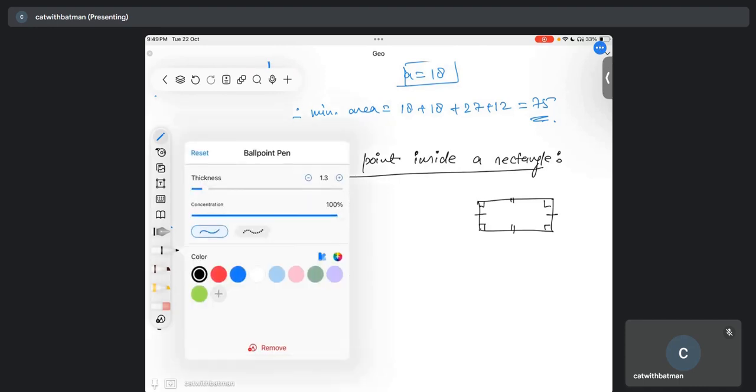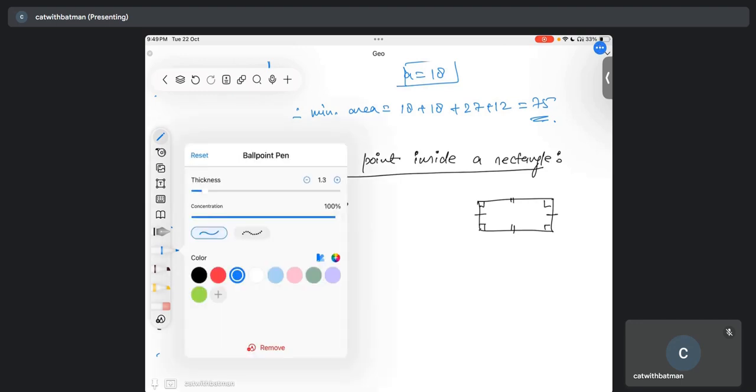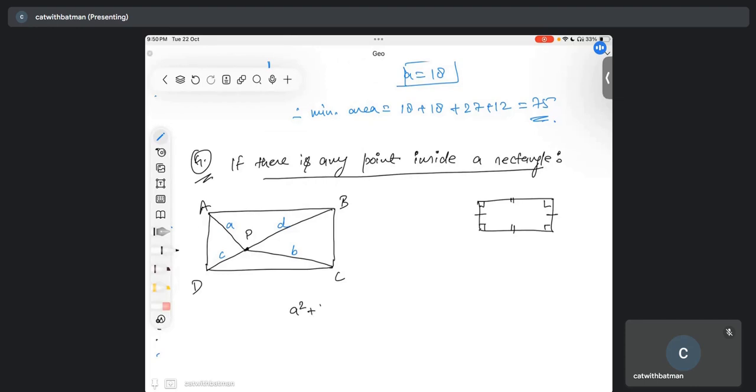And let's say these sides are A, B, C, D. In that case, A square plus B square, that is the length of AP squared plus the length of PC squared, will be equal to C square plus D square.